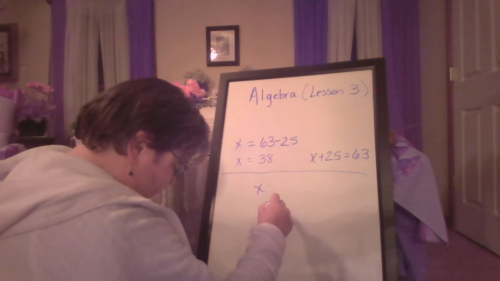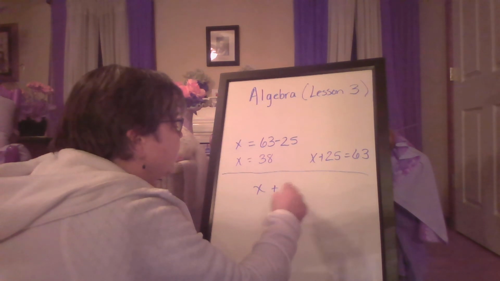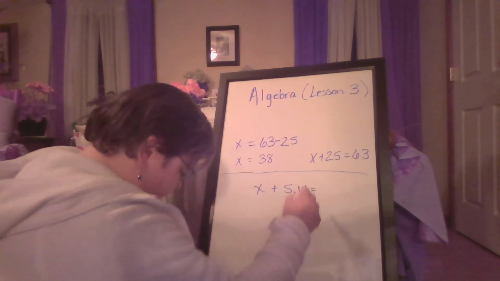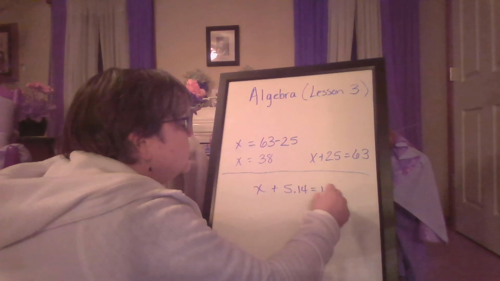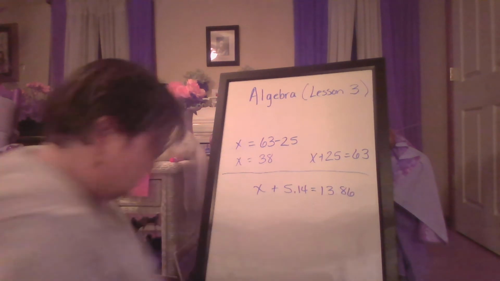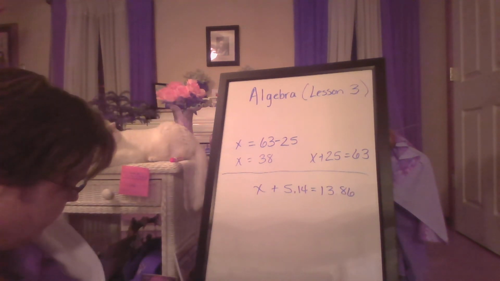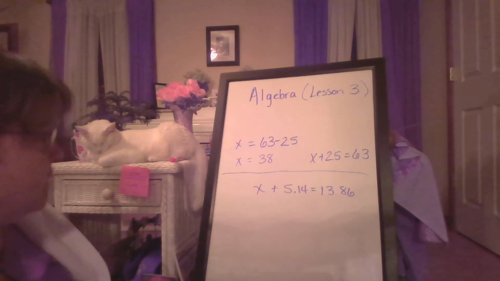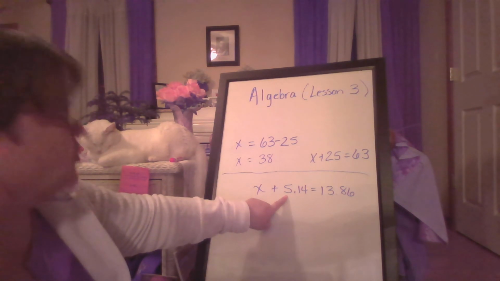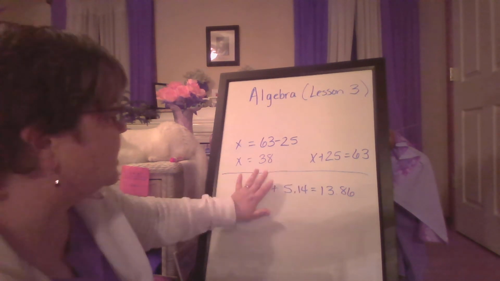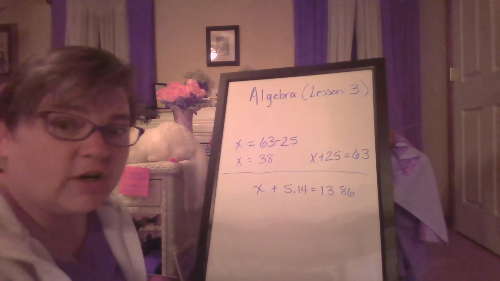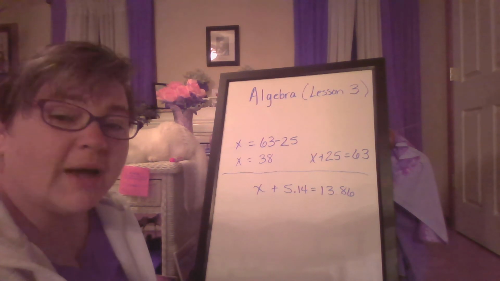X plus 5.14 equals 13.86. All right, here we go. How can we get rid of this 5.14 on this side so we can have the X, the variable, on a side all by itself?